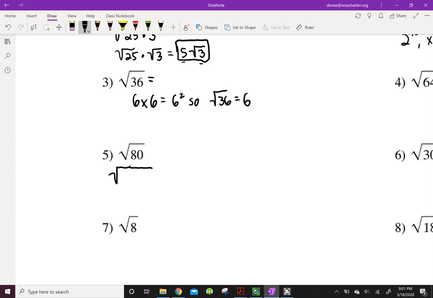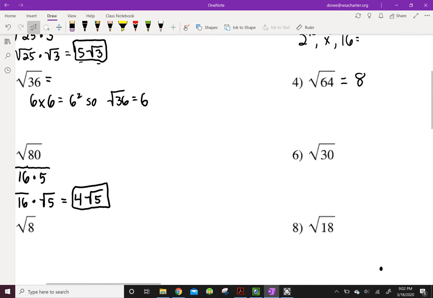I'm going to do 80 divided by 9, oh, that's not a whole number, 80 divided by 16, that gives me 5, so I'm going to do the square root of 16 times 5, and then the square root of 16 times the square root of 5, and the square root of 16 is 4, so my simplified solution, prime factorization, right there, prime numbers under the radical symbol.